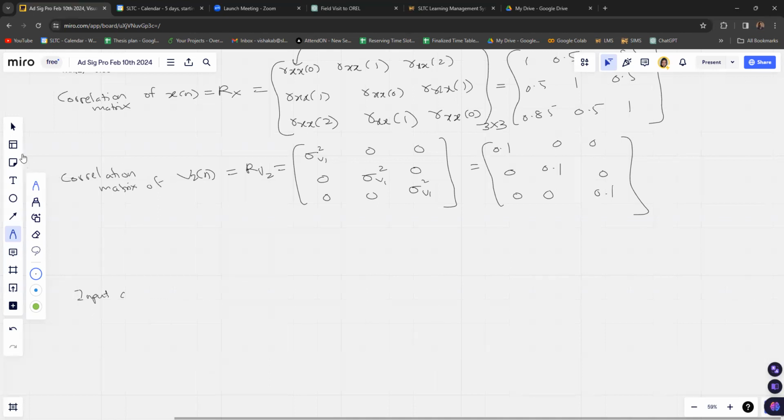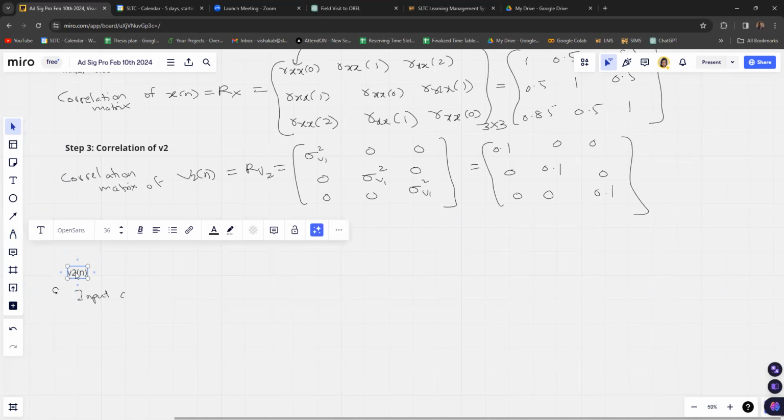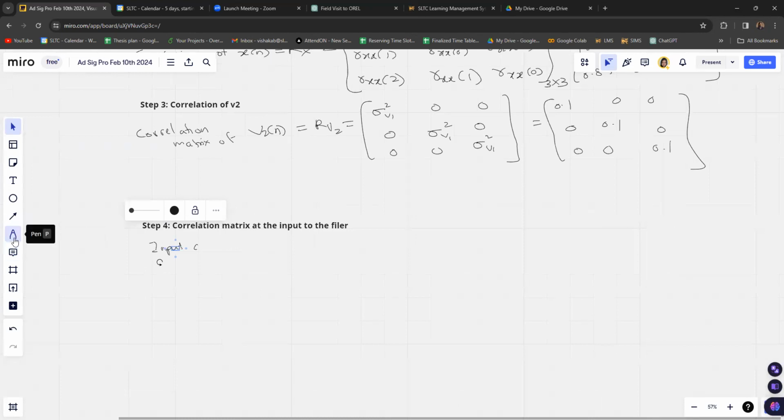So step 3 is going to be to find the correlation of V1, V2.